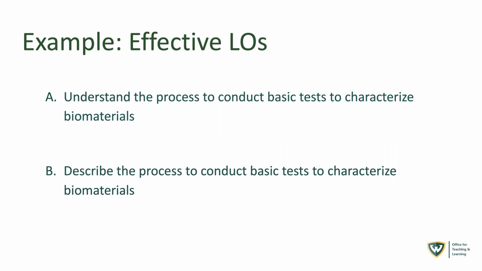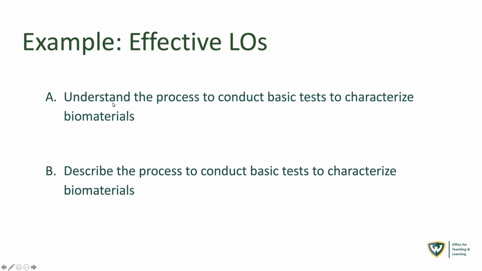All right. So I hope you have had some time to think about these two learning outcomes and decide which one is the more transparent learning outcome. So I would say that our learning outcome B, describe the process to conduct basic tests to characterize biomaterials, is much more transparent because how do we really measure our students' understanding, right?